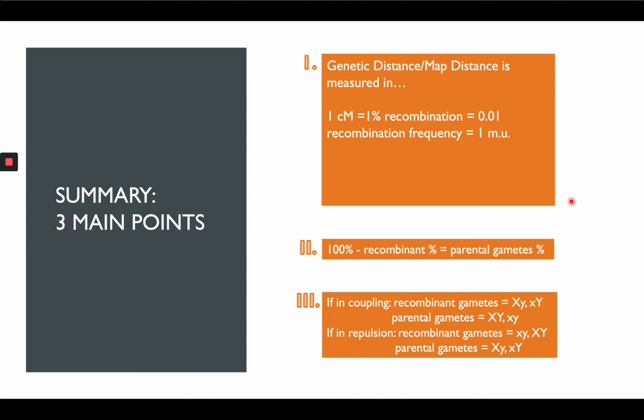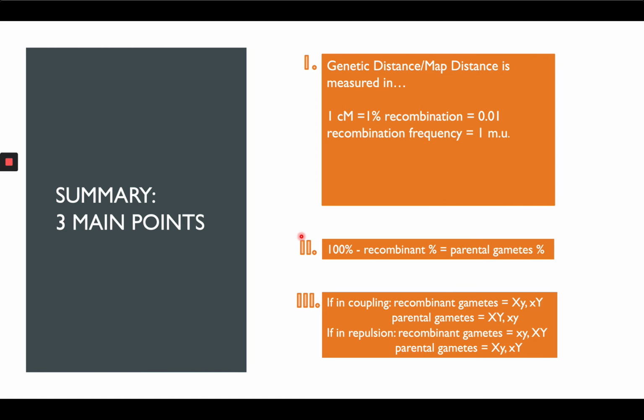So to summarize, we went over the different units you can see your map distance in, and what this map distance actually represents. We also use this map distance to calculate the expected percent frequencies of both the parental and recombinant gametes. Remember also that you could use these percentages to actually calculate the numbers of offspring with these gametes. To do this, you would just apply the calculated percentage that you have to a given number of offspring.